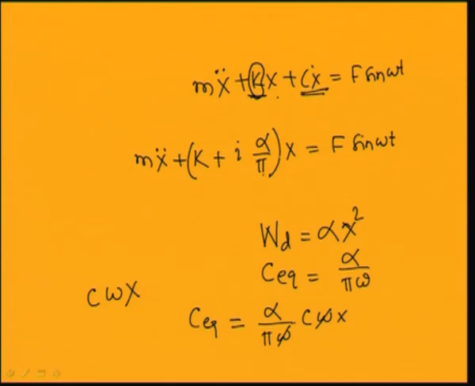So, by taking the structural damping into account, you can have a stiffness which is complex in nature. In other systems we have separated the stiffness like k and c, and they are real numbers, but in most structures when we are considering structural damping, when there is no viscous damping present in the system, we can write the equivalent viscous damping for the system, and in that case we can write the stiffness term like this: k plus i alpha by pi x.